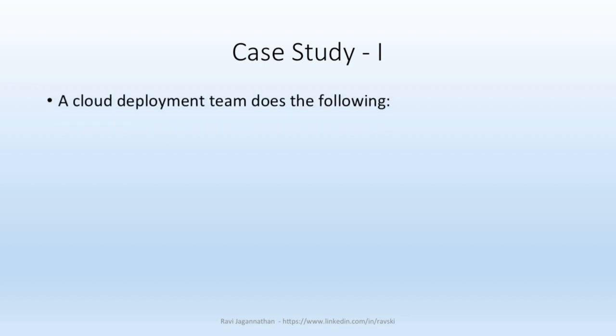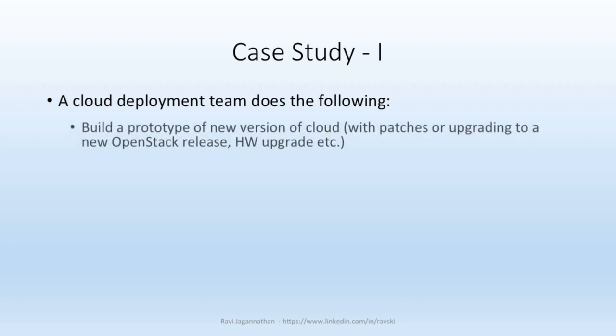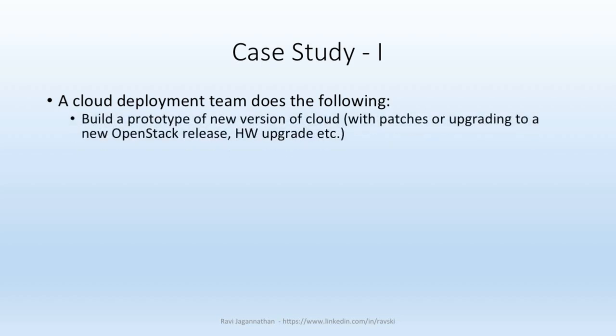So there's a cloud deployment team, and they build a prototype of the cloud because they are moving to a new release of the software, internally built software, or they are moving to a more stable or feature-rich version of OpenStack. They put all of it together, built the prototype with their hardware, installed the software, and just do their testing.